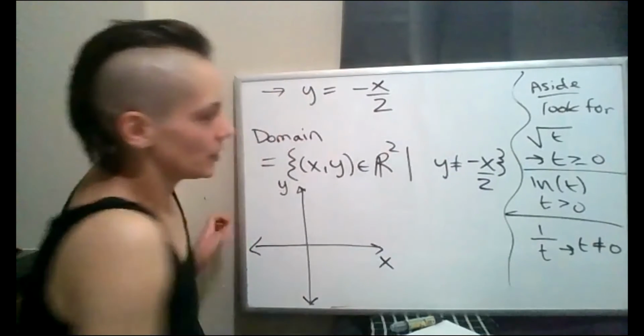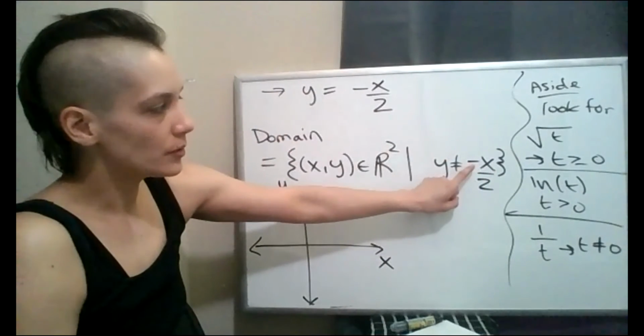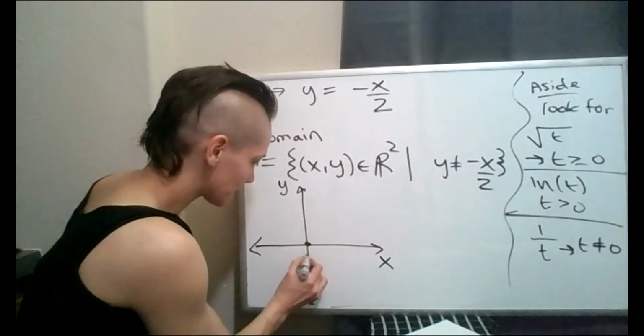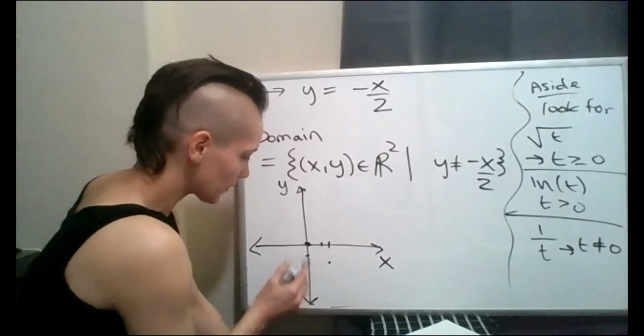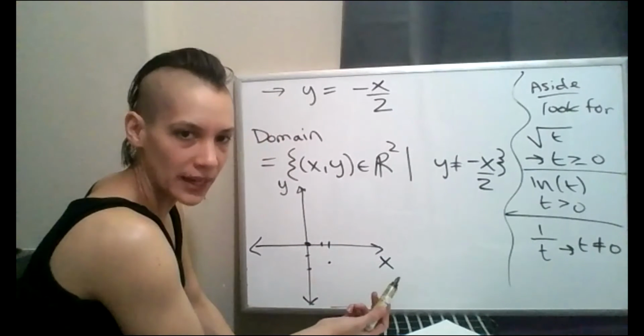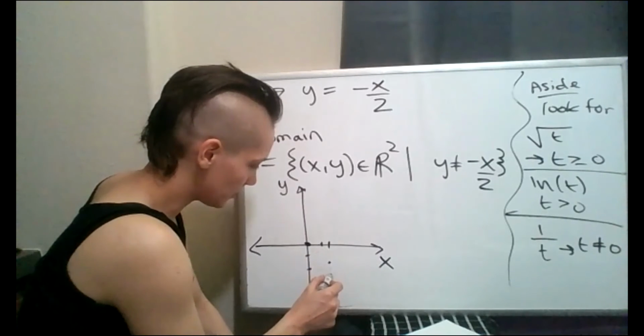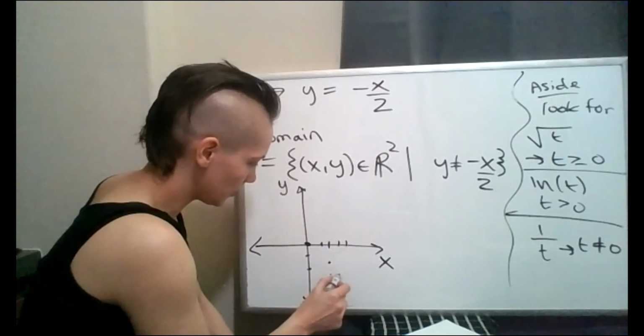Okay, so you start at the origin. You go down 1, over 2. And then down 1 more, over to the right 2 more. Down and over, down, over.